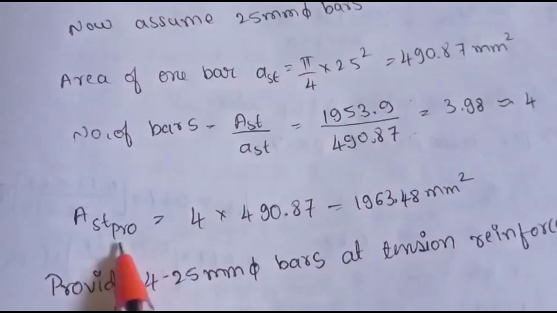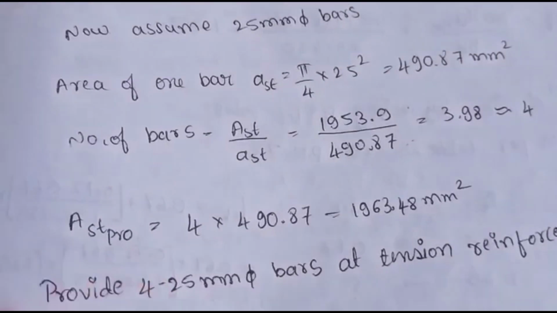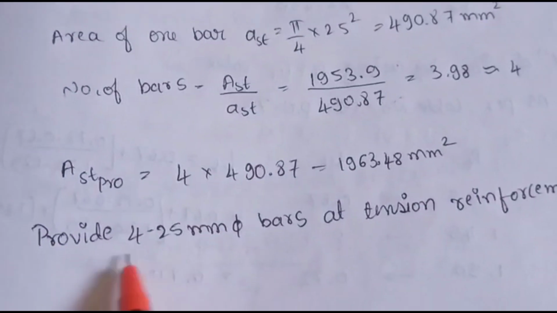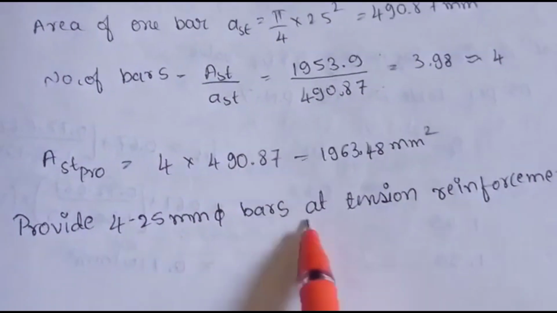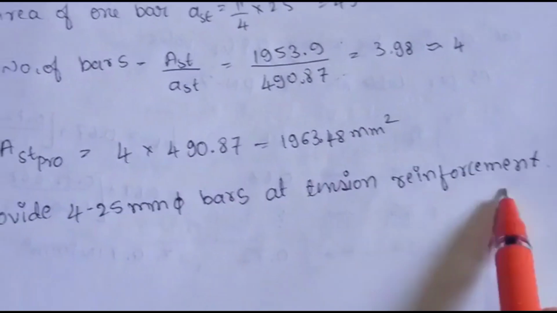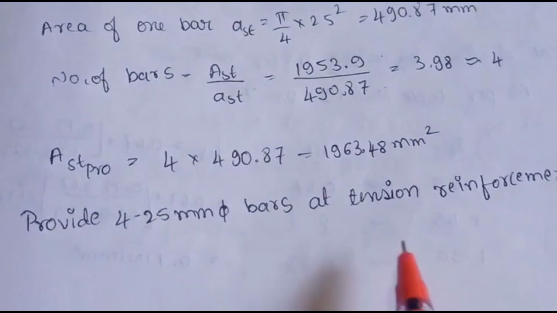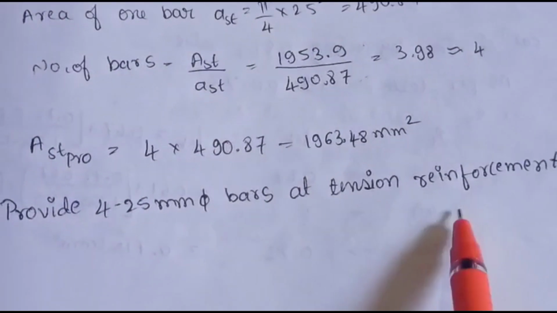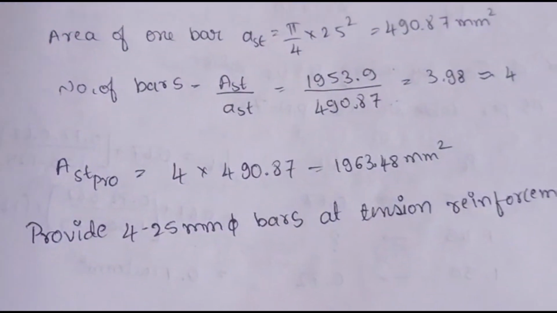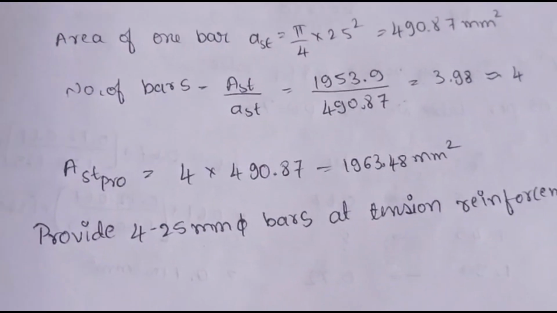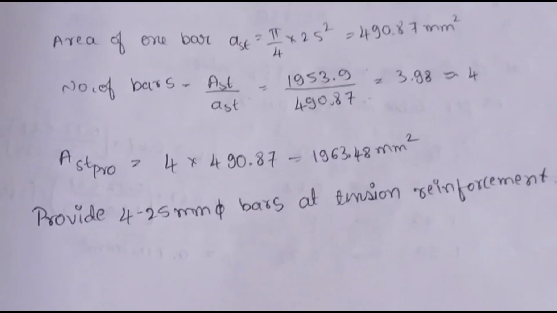So now provide 4 numbers of 25 mm diameter bars at tension reinforcement. This is how we calculate the area of tension reinforcement and area of compression reinforcement. I hope you understood.